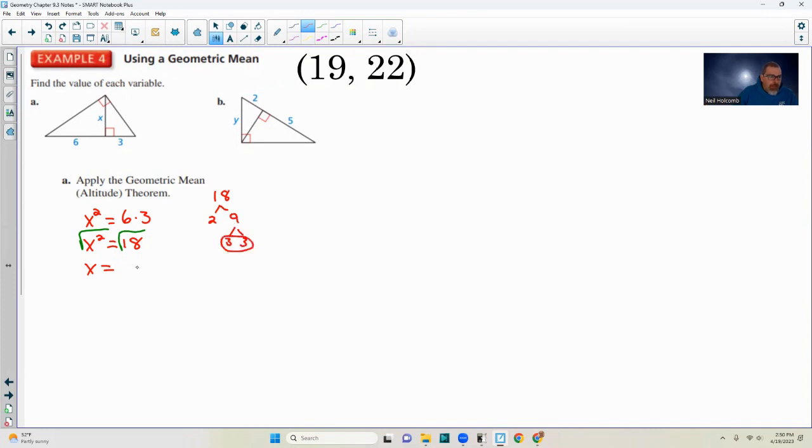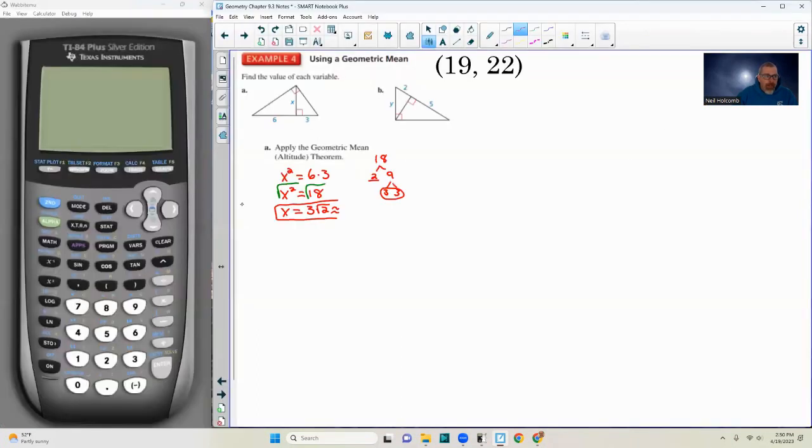So there's our pair of threes that becomes 1 outside, and the 2 that's left over stays in the radical. So the length of the altitude here is 3 square root 2. Now, if you wanted to get your head around that, what is that approximately? Then you would go 3 square root 2, enter, and it's approximately 4.24.